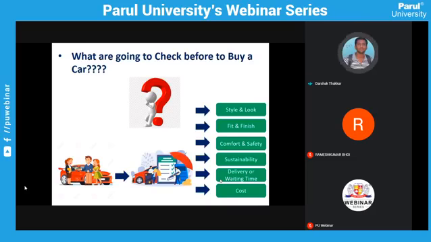You are definitely going to check the quality of the product, and the cost as per your budget. You definitely want to buy a car which fits into your budget and also gives the best quality output, right?